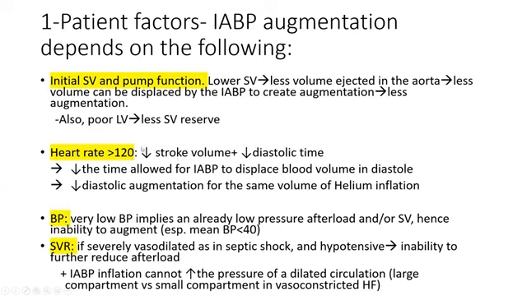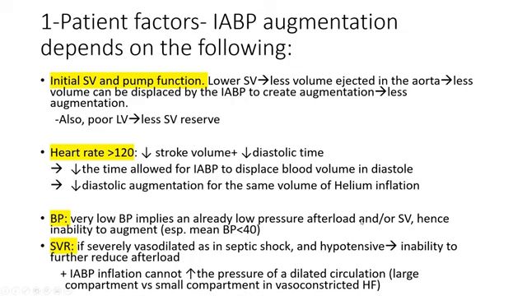Another thing is heart rate, as I explained, for two reasons: because you get a reduction in stroke volume, and because you get a reduction in diastolic time, which reduces time allowed for balloon pump to displace blood volume, and reduces diastolic augmentation for the same volume of helium inflation, the 50 milliliters. Very low blood pressure. A very low baseline blood pressure implies an already low pressure afterload.